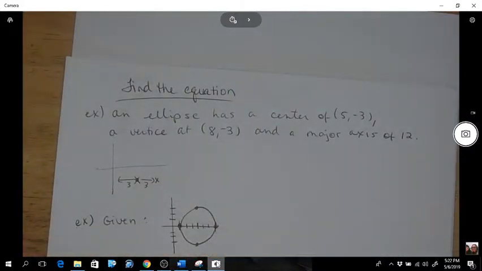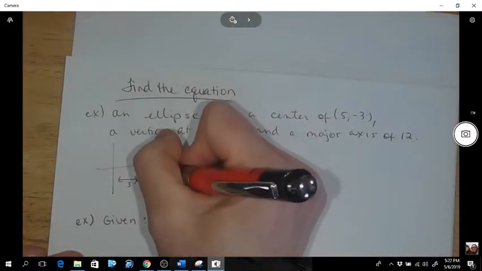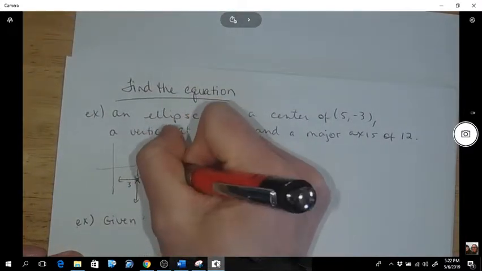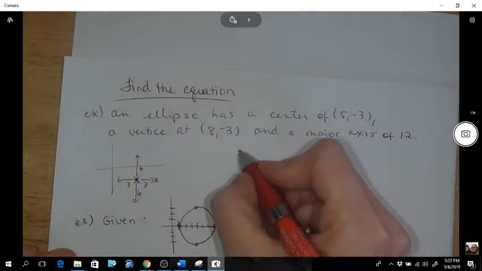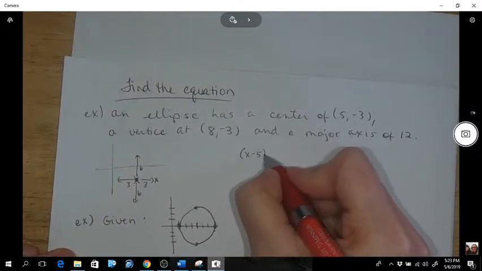Okay, so I know that. And major axis of 12, so therefore, right, we're going to be going up like that. So my center, so this is an ellipse, so we're going to add.